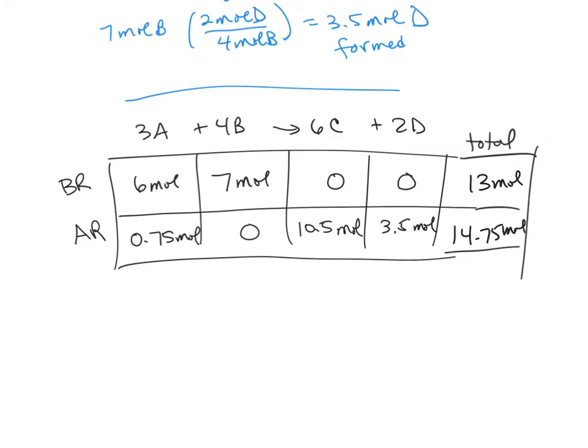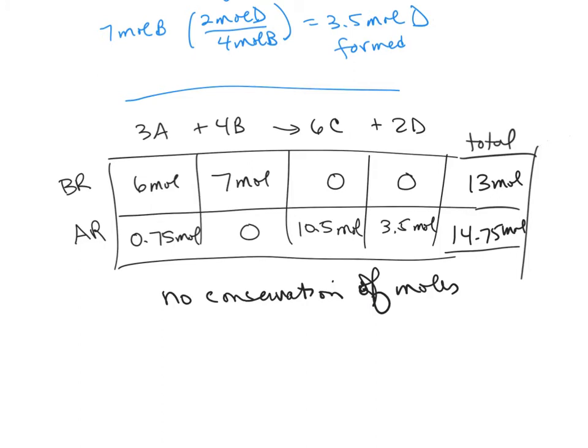Is that right? Yes, okay. So you do not have conservation of moles. The moles before do not equal the moles after. So no conservation of moles. On the other hand, there is such a thing as conservation of mass. I'm going to show you that in the next problem.